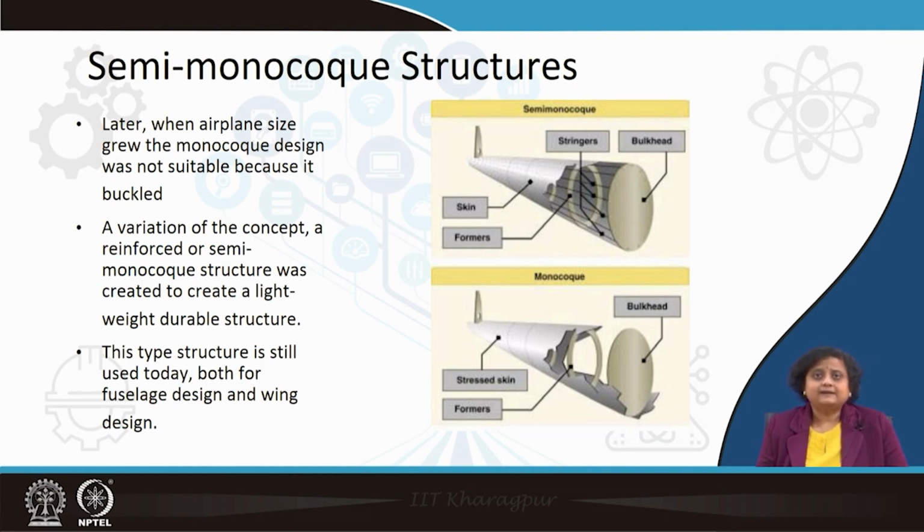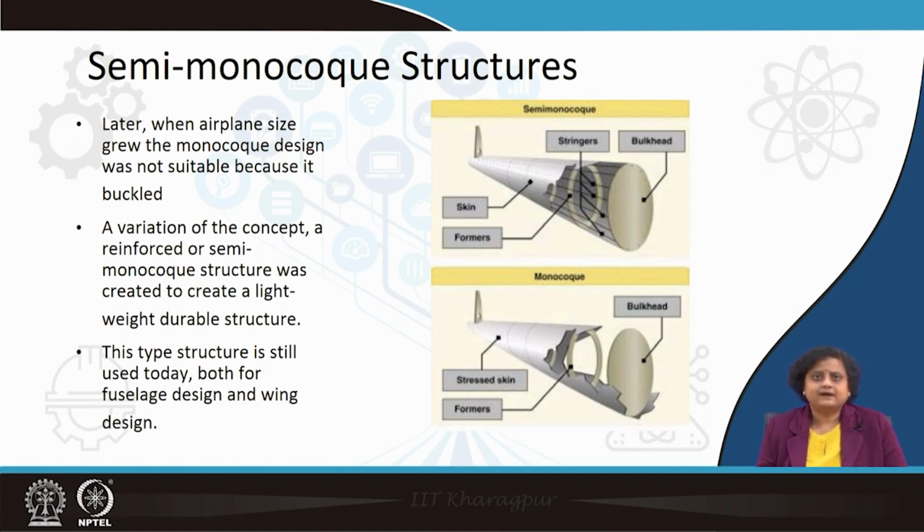and again, as the size of the aircraft started increasing, this monocoque structure had more disadvantages, because you can understand from your intuition that such a hollow shell-like cylindrical structure would become very vulnerable to buckling as the size increases.